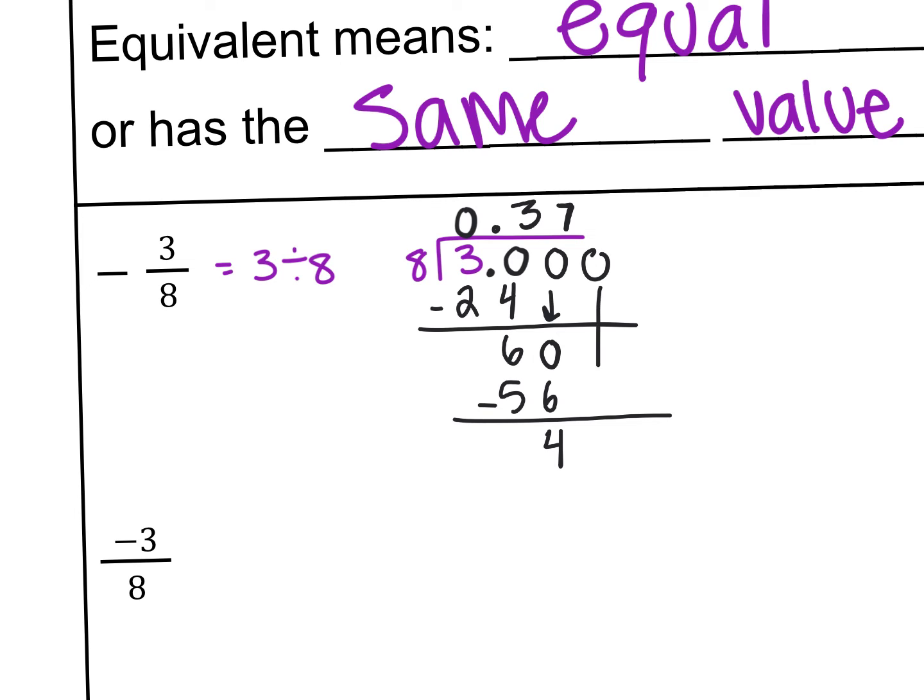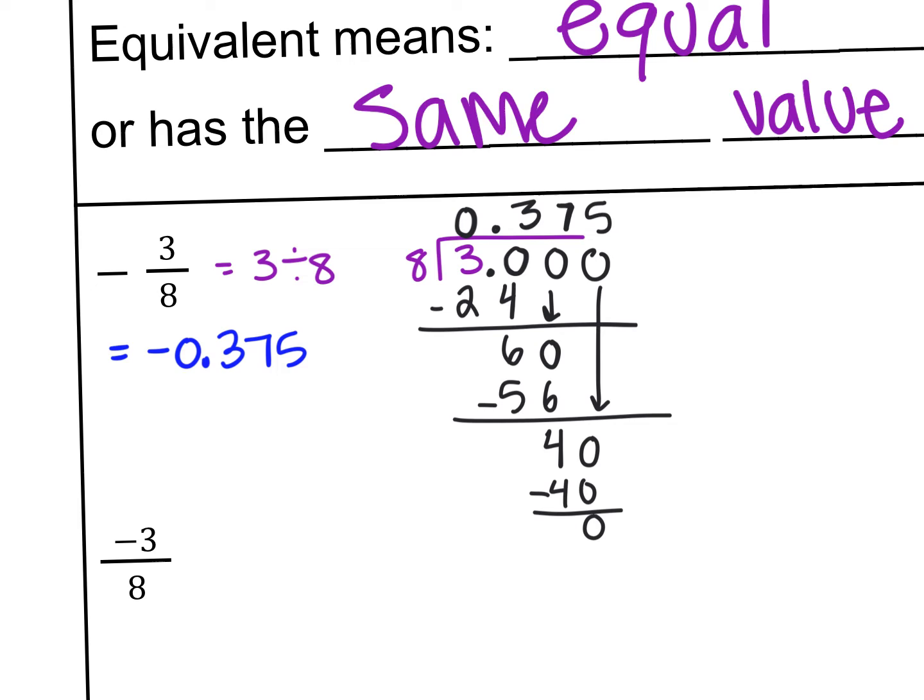Still got some more numbers. Going to add another 0. Then 8 goes into 40 5 times. Okay, and then this negative in front means that the whole thing is going to be negative. So negative 0.375.